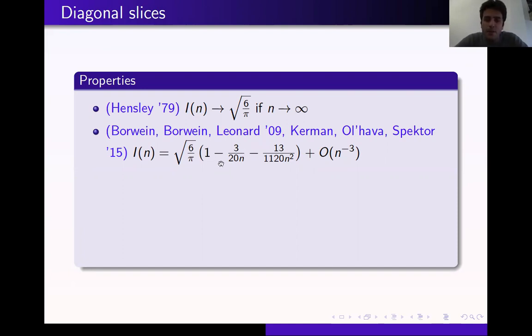They computed the first two terms, this one here and this -3/(20n). And with that, they had already proven that for some large enough n, the sequence is increasing and concave. Because of their technique, they lacked a way to compute the remainder term here.